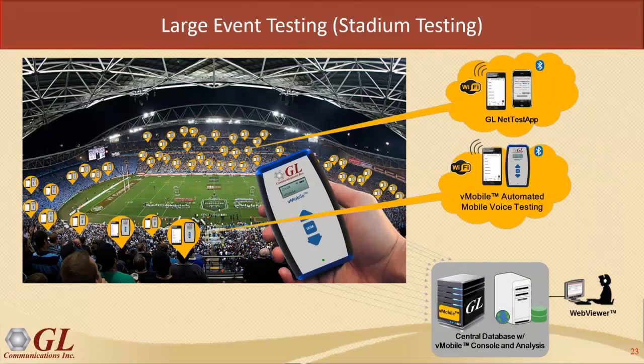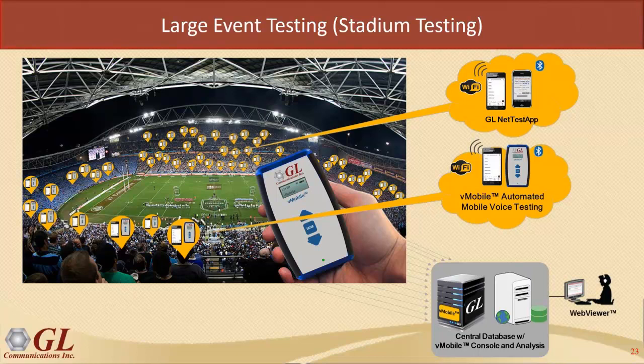Okay, so now I just want to get into some of the different types of scenarios for testing and using the vMobile. Large event testing: stadiums, whether they're indoor stadiums or outdoor large events, concerts, what have you. It's a good idea to do testing in these areas to see what's going on with the voice and the data.